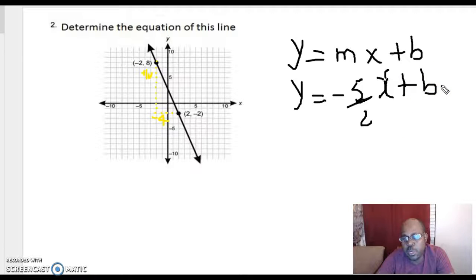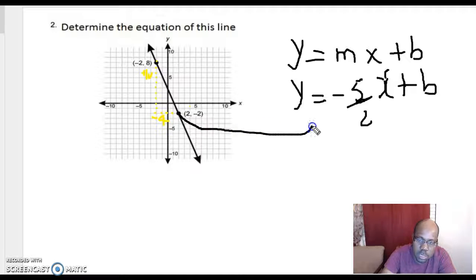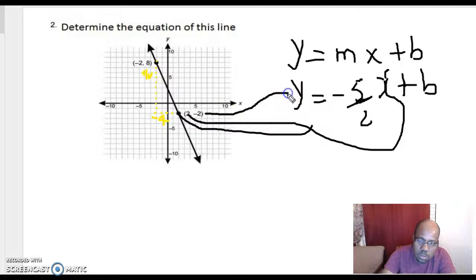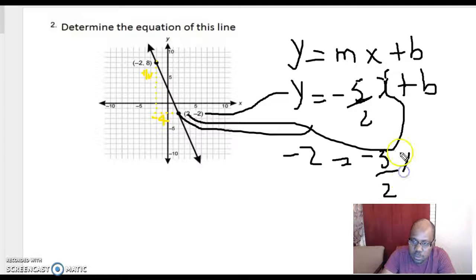To do that, it's really easy. I can just take whatever point. Let's say I plug this point here, so I'm going to have x, which is this one, and y, which is this one. I just need to plug. So I'm going to have minus 2 equals minus 5 over 2 times 2, plus b.